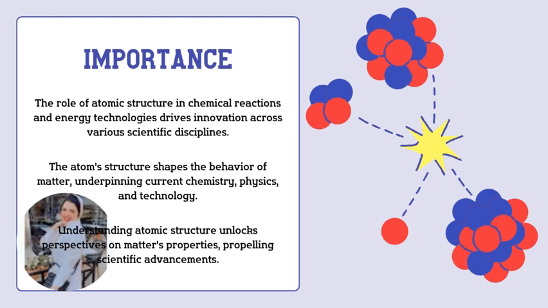The structure of the atom is very important in chemical reactions. What is the structure of the atom? As I said before: proton, neutron, electron. Proton has a positive charge, neutron has no charge, so it's neutral, and electron has a negative charge.